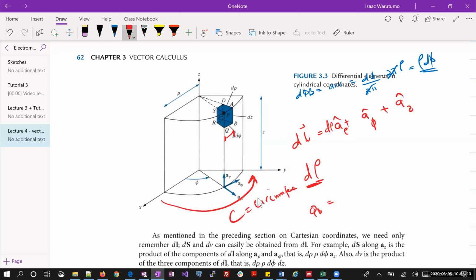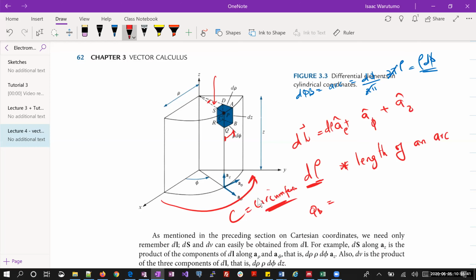If you wanted to find the length QB, it is simply a fraction of the circumference. I want you to remember the length of an arc, which is part of the circumference.